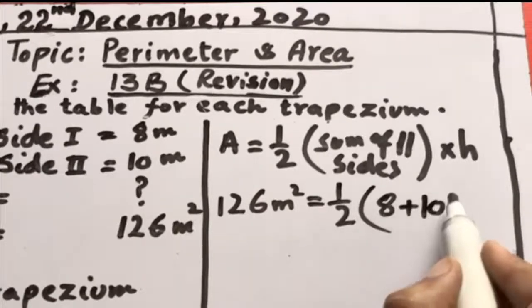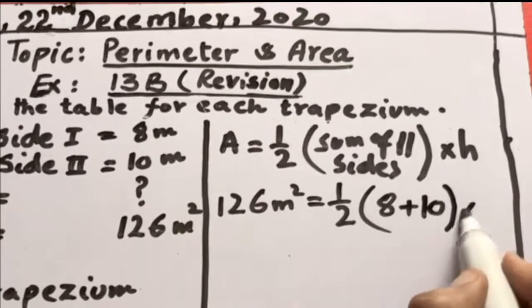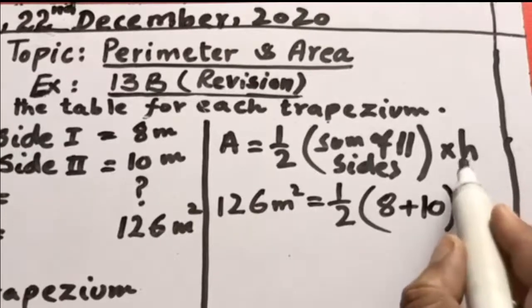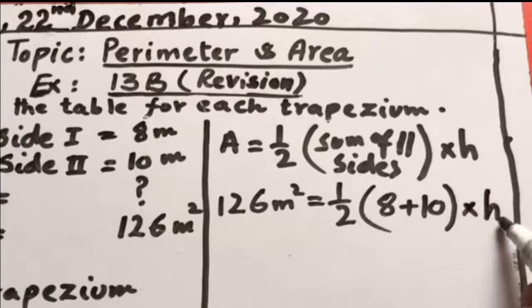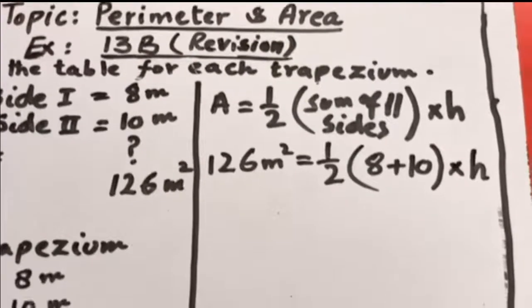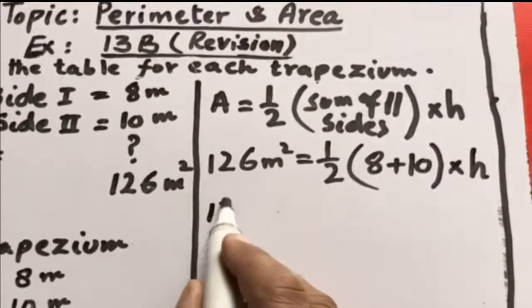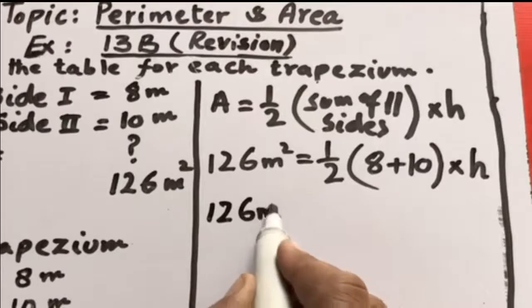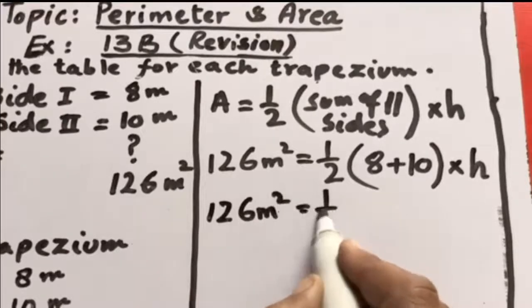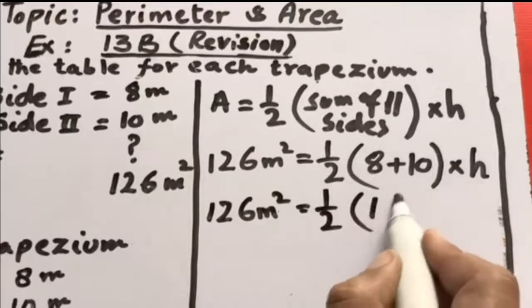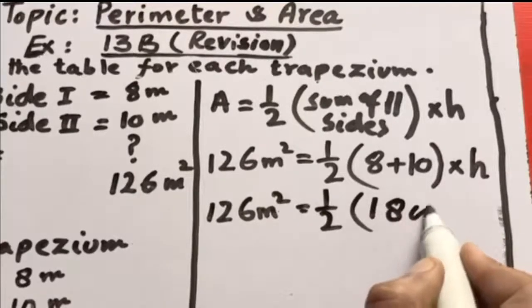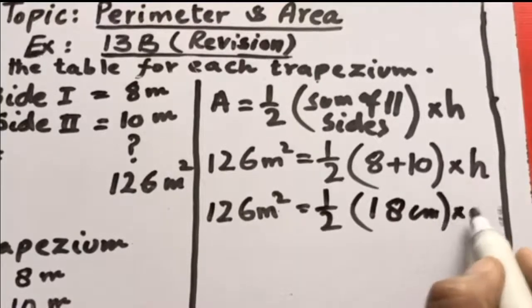Then we write the height of the trapezium as it is, because we have to find it. By simplifying this step, we write 126 meter square as it is, and 1 over 2 into the sum of these two values, 18 meter, multiplied by height.